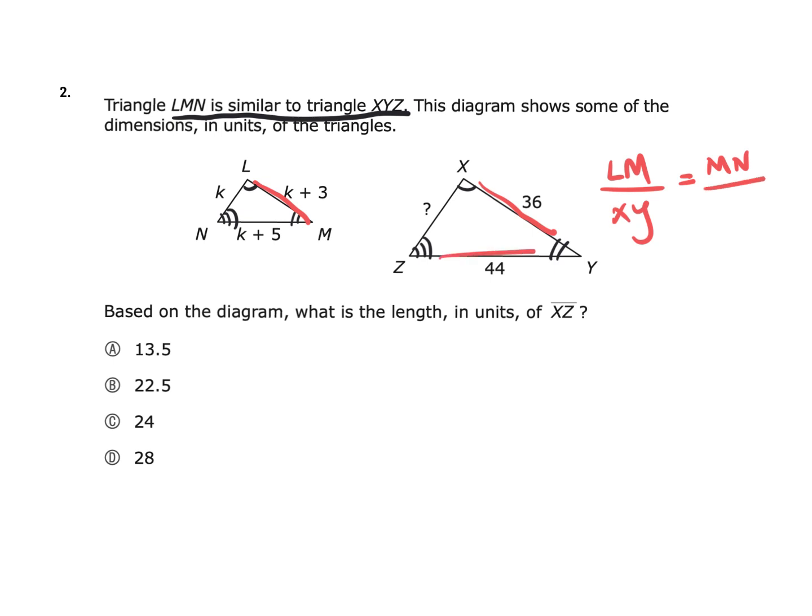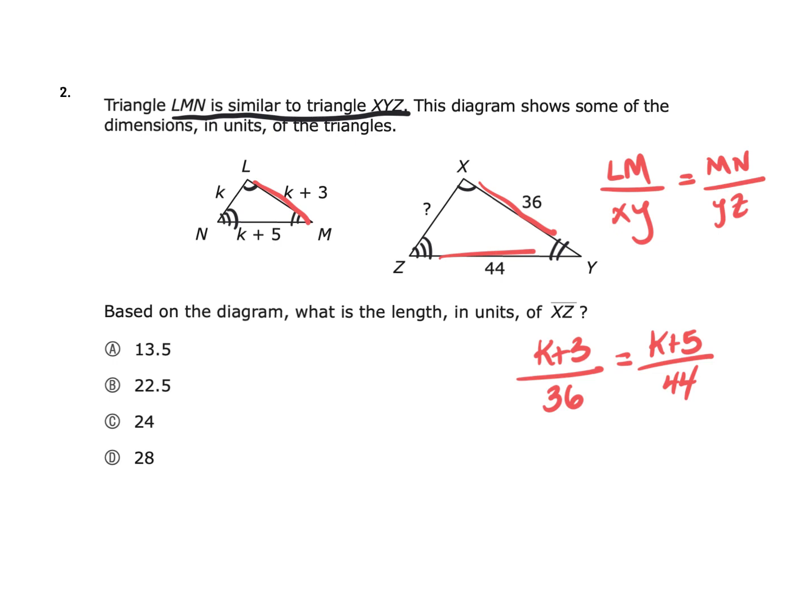And that corresponds to YZ. Okay. And now I'm going to fill in my information. So LM is K plus 3 over 36. MN is K plus 5, and that's over 44.